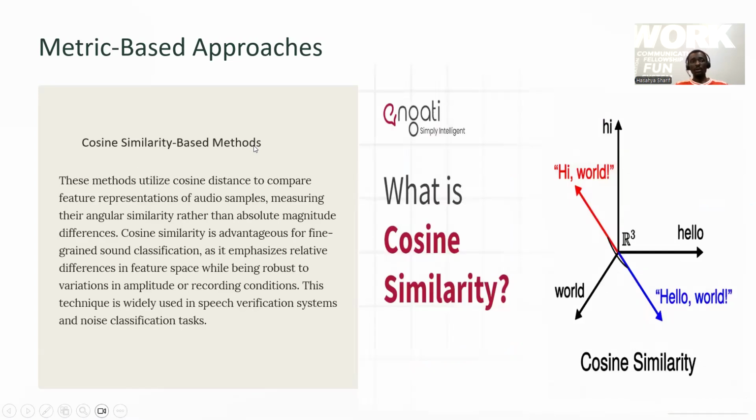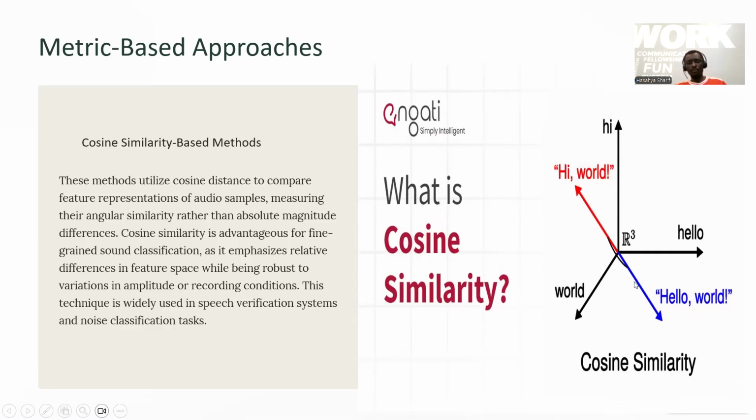Next is the cosine similarity based methods. Here we are mainly concerned with the angular similarity between the two sets. For instance, in our image we have hi world and hello world, so we calculate the angle between them.